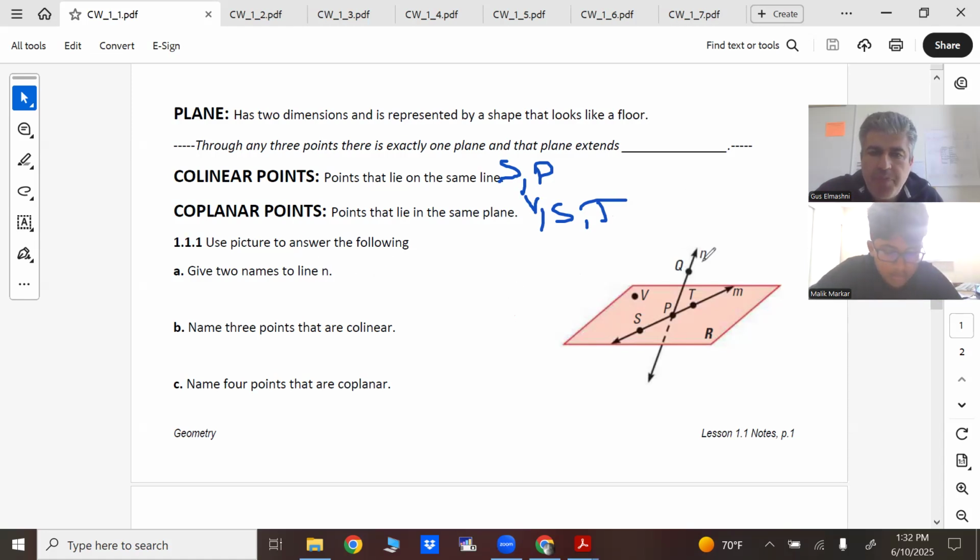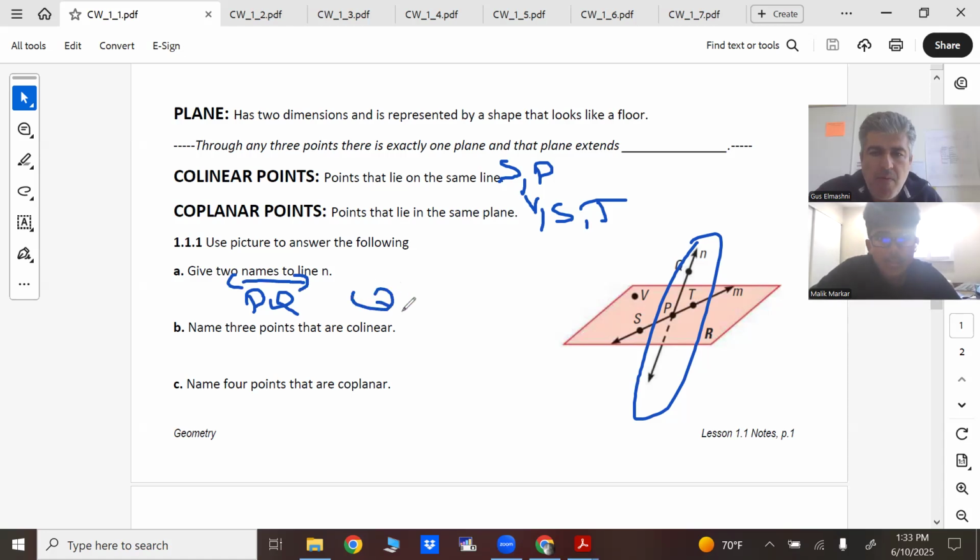For line N, you can say it's PQ if you want to call it that, or you can reverse and call it QP. You can do that, just reverse it. They're the same thing, right?